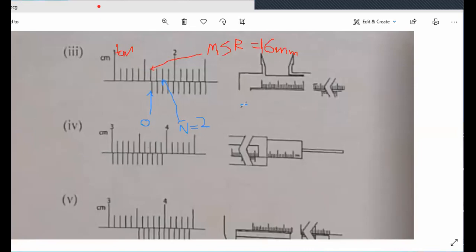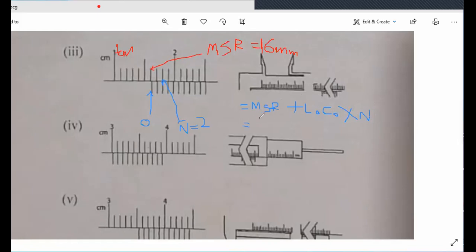Therefore, the reading shown in figure 3 is MSR plus least count into coincide vernier number. MSR plus VSR.